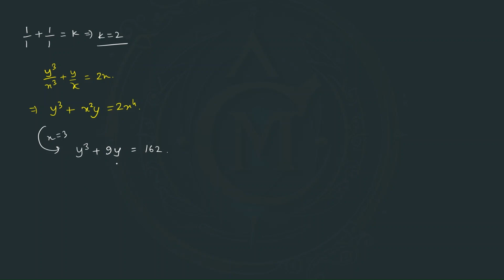Now how to find or approximate the value of y from this? Now we have to apply the concept of applications of derivatives. Let us consider this function as f of y. Okay, so f of y is y cube plus 9y. Now f dash y will become 3 times y square plus 9.